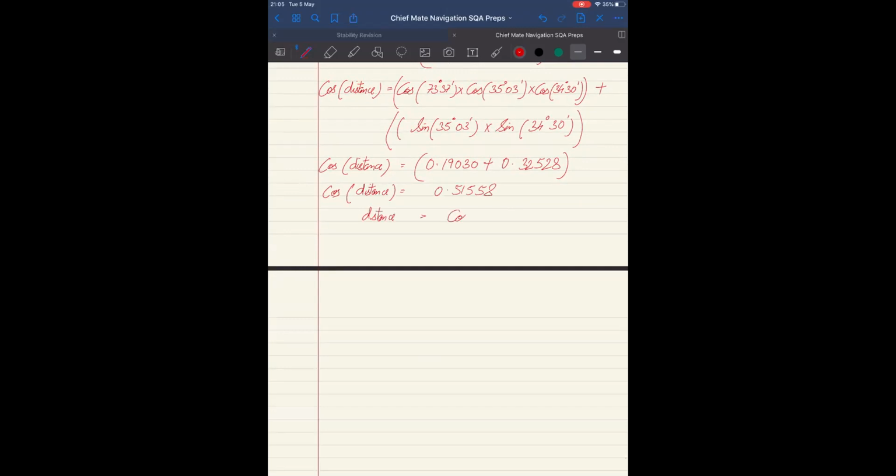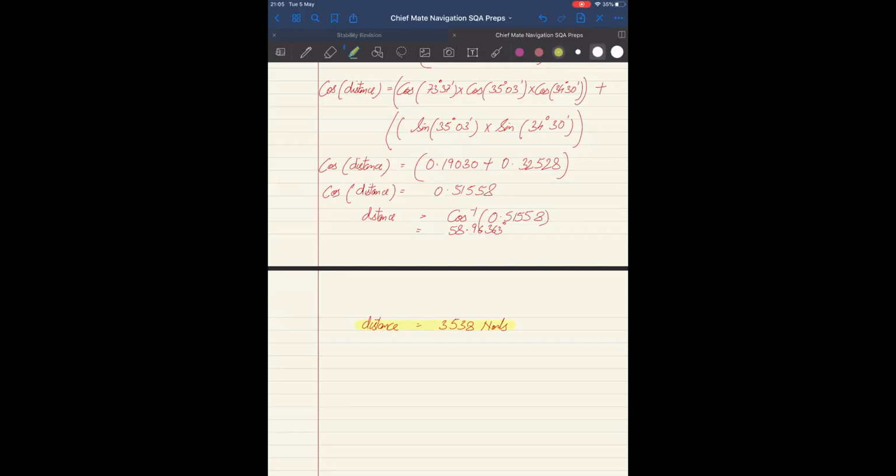Distance is equal to cos inverse 0.51558, which is equal to 58.96363 degrees. Since distance is in minutes, I will simply multiply it by 60 and get the answer, which is 3538 nautical miles. So this is my final answer for the distance.